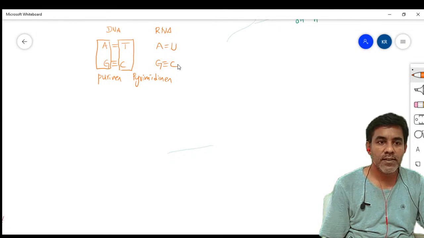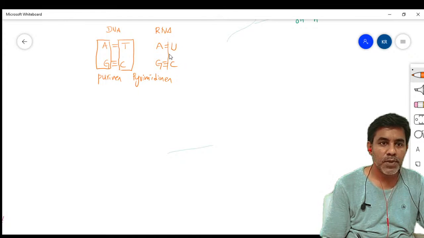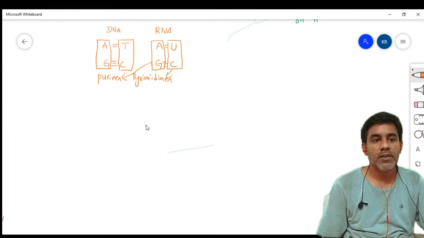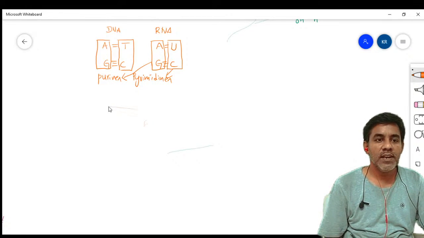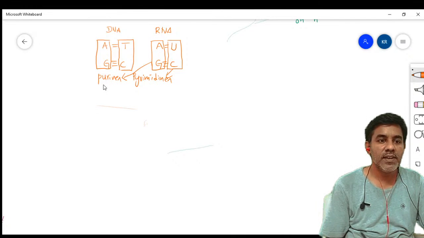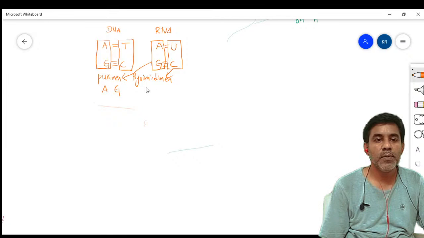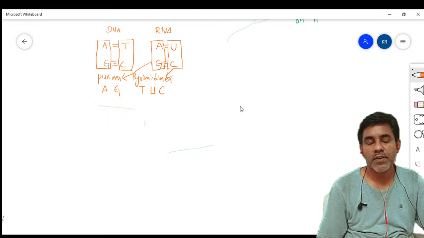C is a pyrimidine, and this U is also a pyrimidine. So altogether, purines are A, G, adenine and guanine. Pyrimidines are thymine, uracil, cytosine.